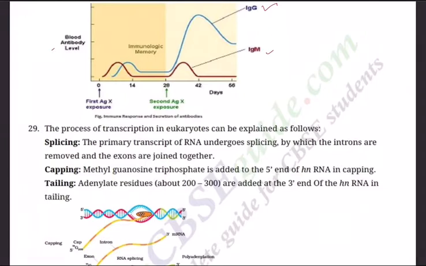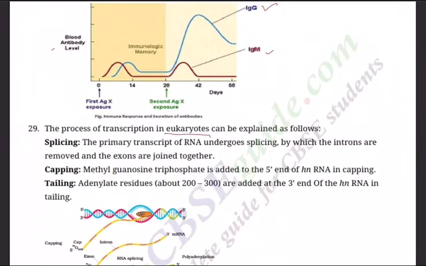these are responsible for making the memory-based antibodies. Question number 29. Explain the process of splicing, capping and tailing which occur during transcription in eukaryotes. I said all these 3 are technical words. Biotechnology. The process of transcription, molecular biology.